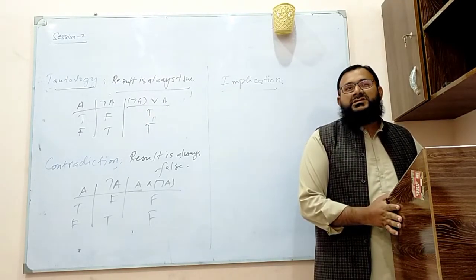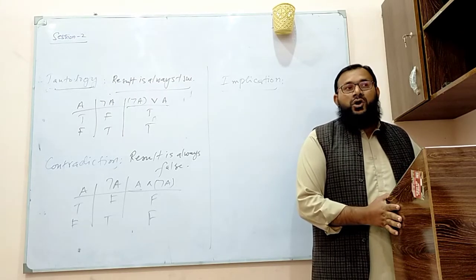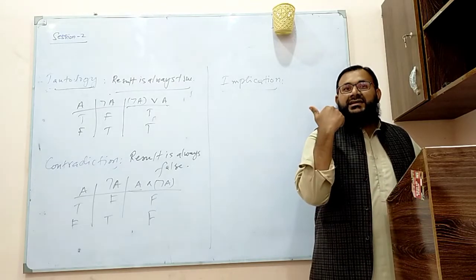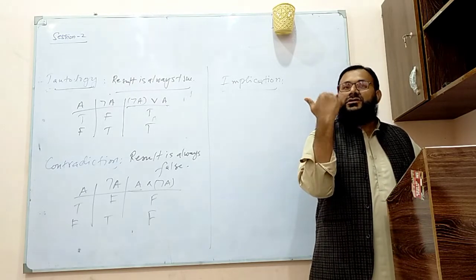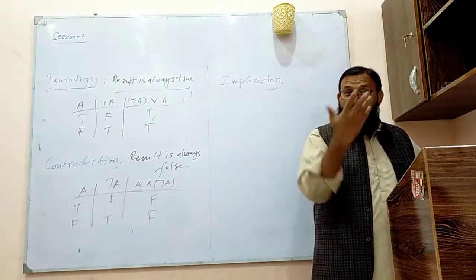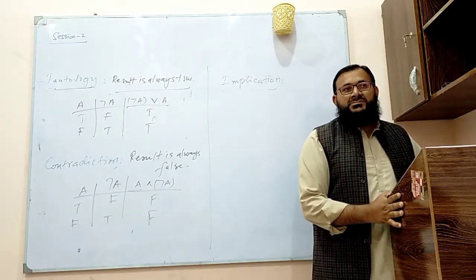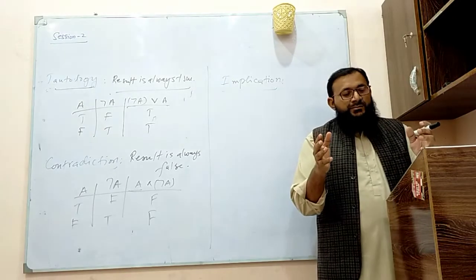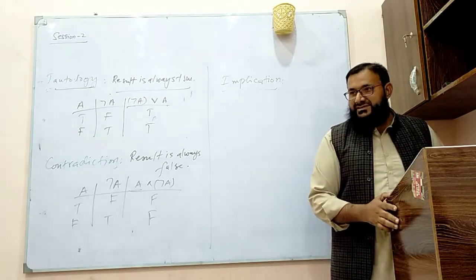We can say that if x is odd, it means I am taking an odd number, not completely divisible by 2, then x square is odd. So we can say lots of things. When a statement implies something else, what does it mean?